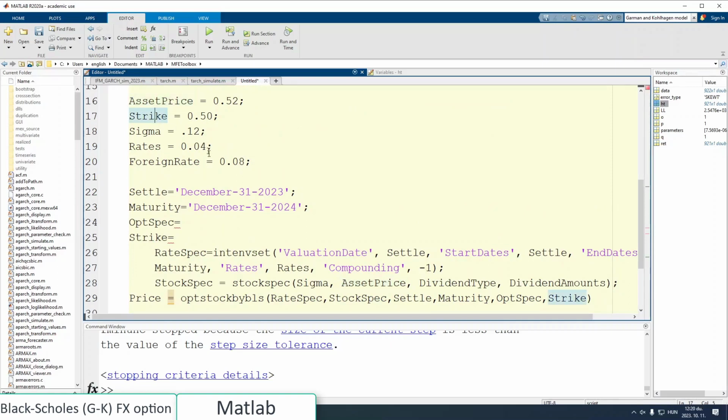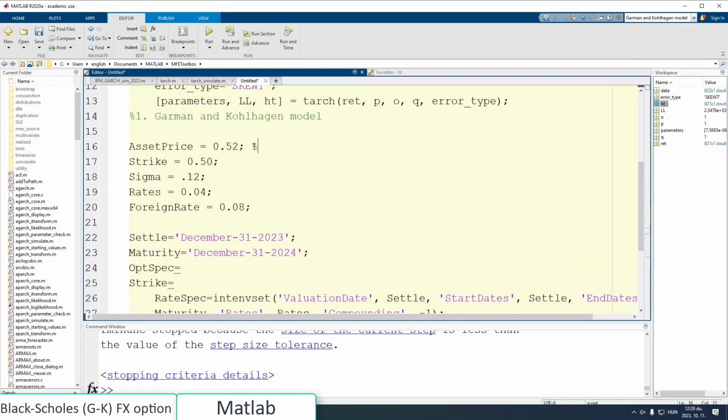So start price, sigma, so asset price, this is the spot price of the exchange rate. Then we need the targeted exchange rate. In this case we are saying that we are running hedging, so it will be the same as the asset price.